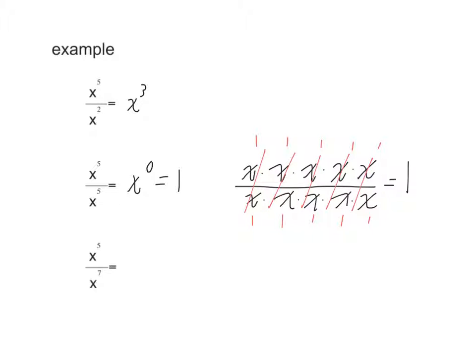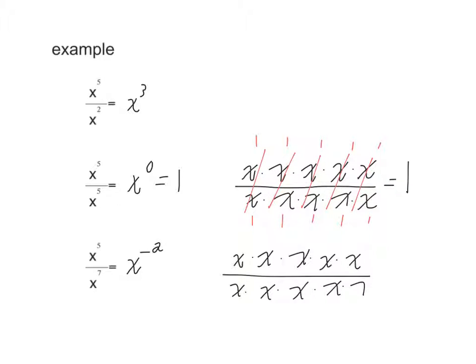The last one is to motivate negative exponents, because whenever we subtract 5 minus 7, this one becomes x to the negative 2. Here, if I write it out again, 5 x's in the numerator and 7 x's in the denominator.